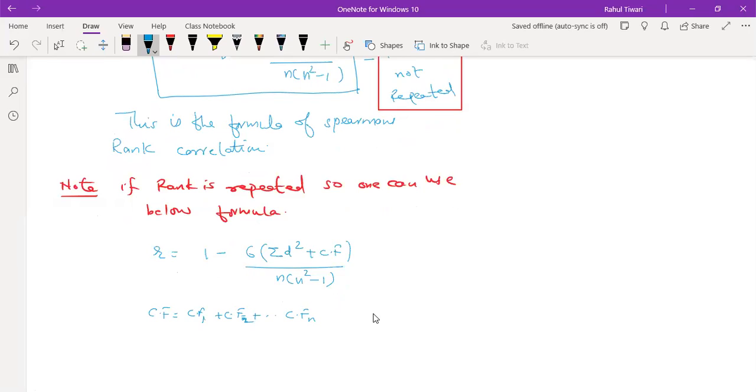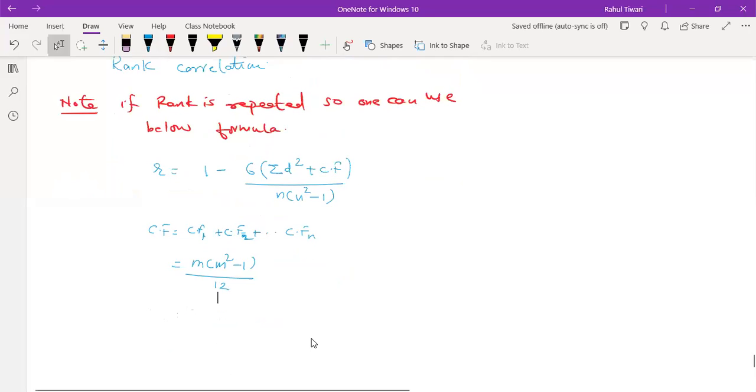So there are several repeated ranks, and whenever ranks are repeated, we have to add all of these, and that gives us the CF. But how to calculate it? This is the formula: m into m square minus 1 upon 12. CF is called the correction factor.